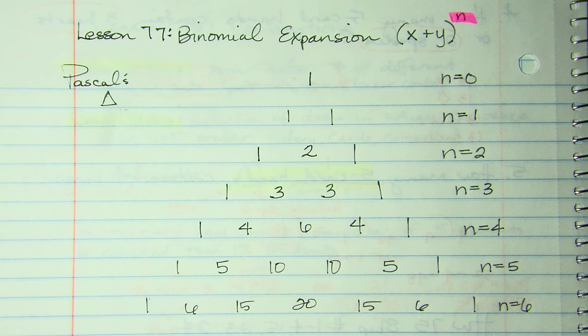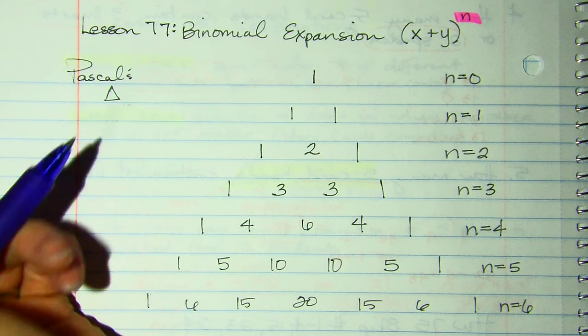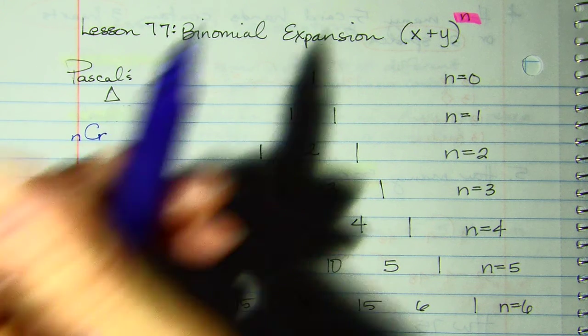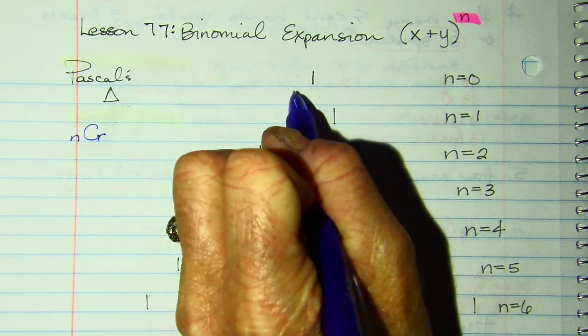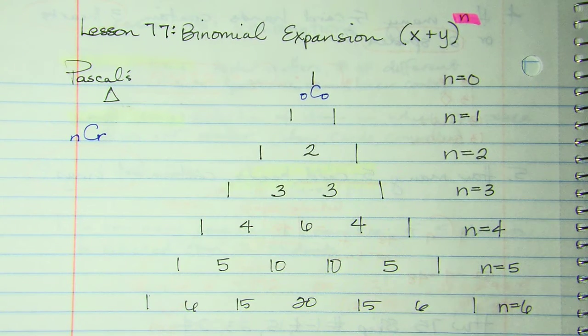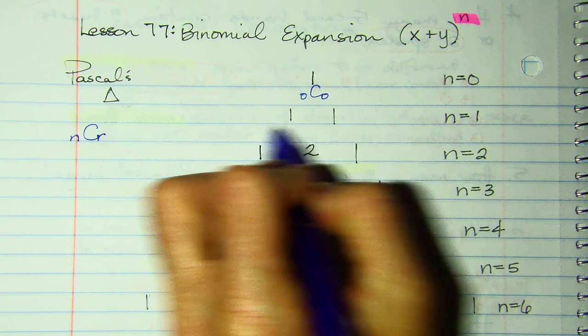Also, each row corresponds to a combination. So a combination looks like this, nCr. So this top number, n is 0. So this is 0C0. And if you were to enter that in your calculator, you would get a 1. This next row, n is 1.